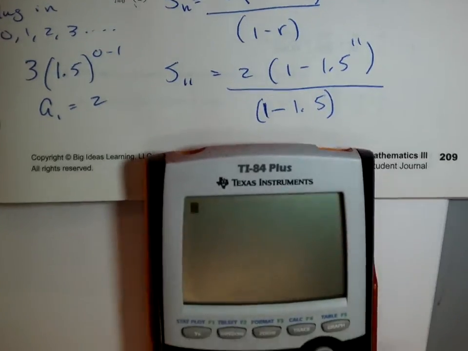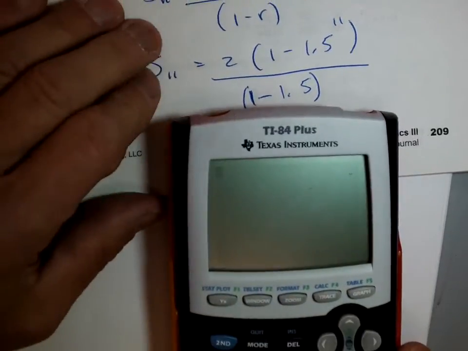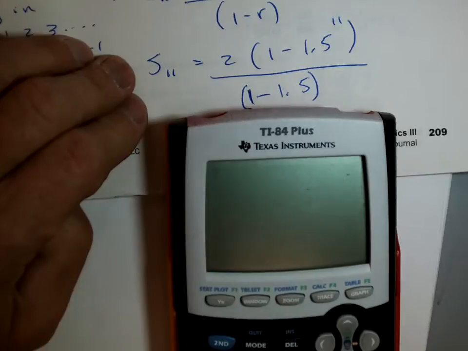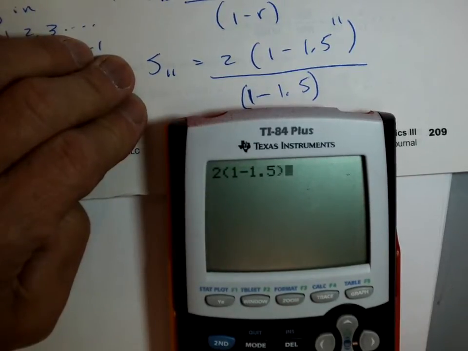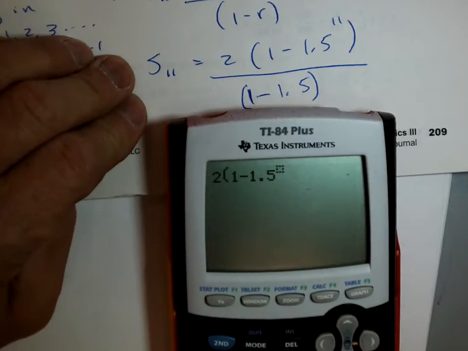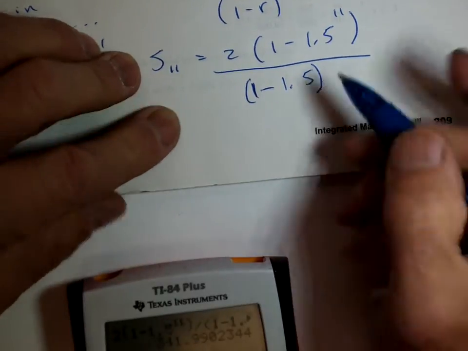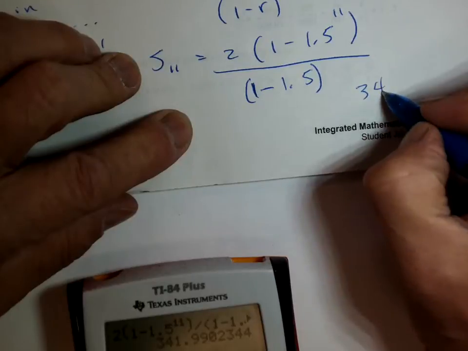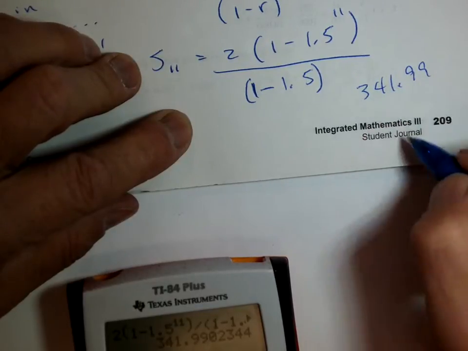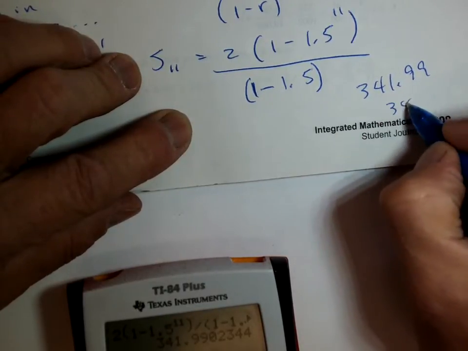So 2 times parentheses 1 minus 1.5 to the power of 11, divided by parentheses 1 minus 1.5, and I get an answer of 341.99, or about 342, if you want to round it up.